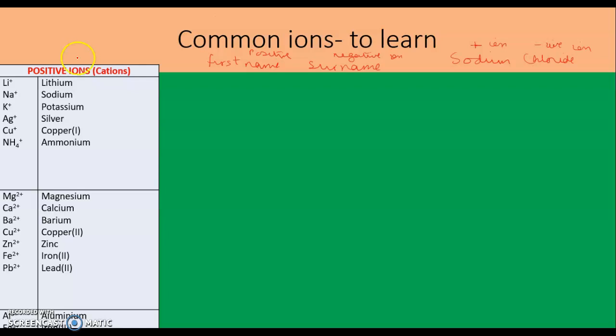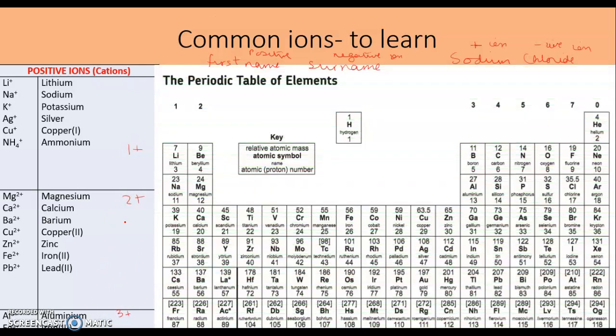So you've got positive ions. Some of them are single positive, some of them are 2+ charge, and some of them are 3+ charge. In order to help you memorize it, you'll have to refer to the periodic table. The periodic table has got groups of elements in them. So this is group 1, group 2.